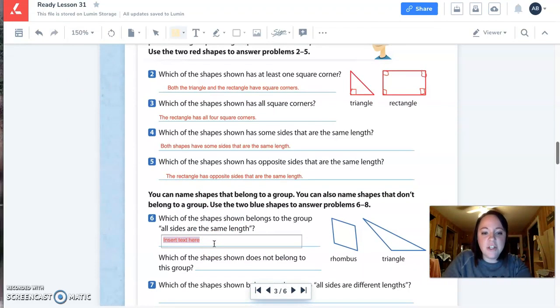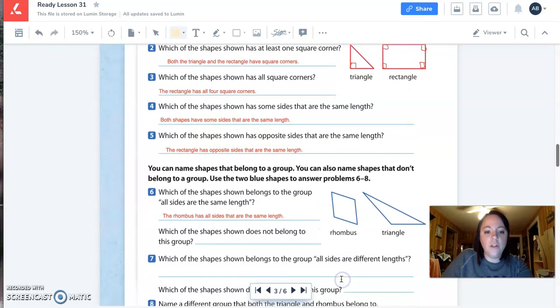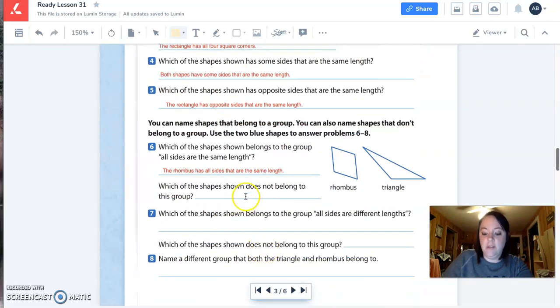Which of the shapes shown belongs to the group all sides are the same length? We said the rhombus. The rhombus has all sides that are the same length. Which of the shapes does not belong in this group? That would be the triangle.